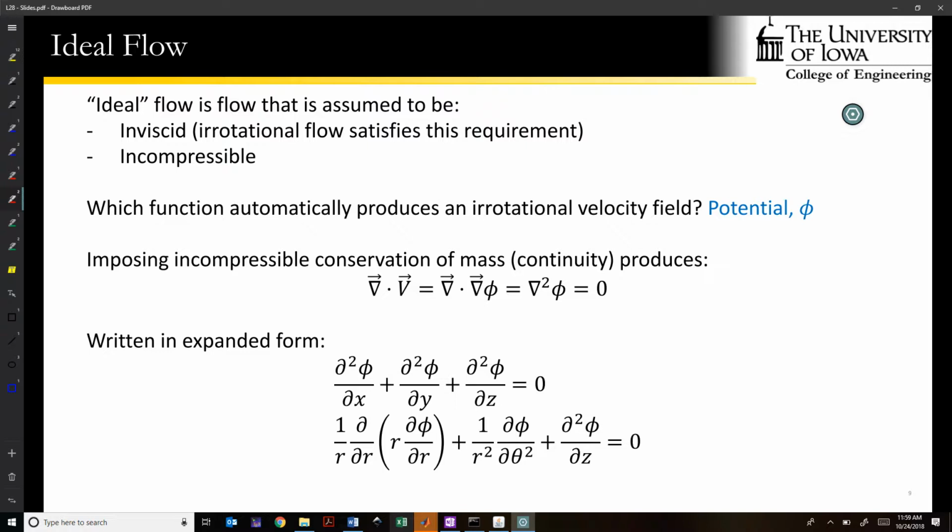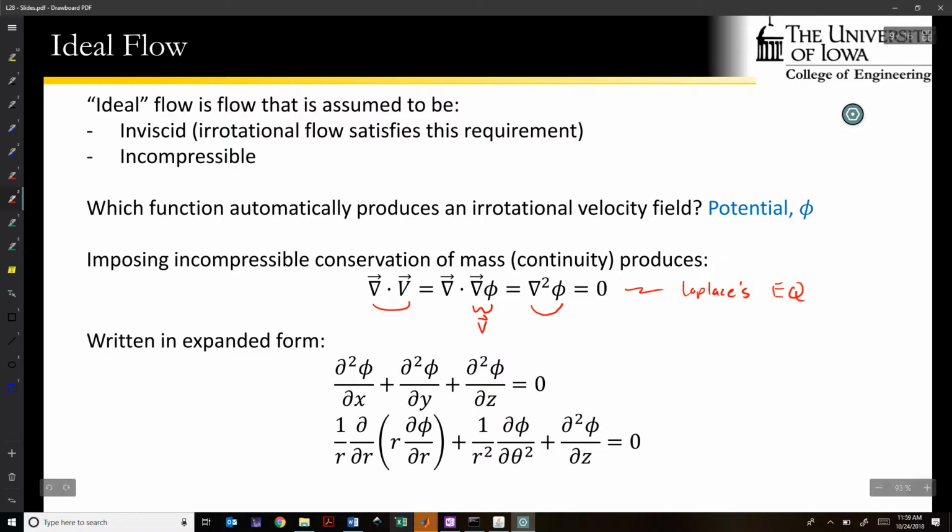We say it has to satisfy the continuity equation. So grad dot v, the divergence, turns into grad dot grad phi, because this gives us the velocity field, which turns into this expression right here, this grad squared of the velocity potential. And this has a special name. This is what's known as Laplace's equation.